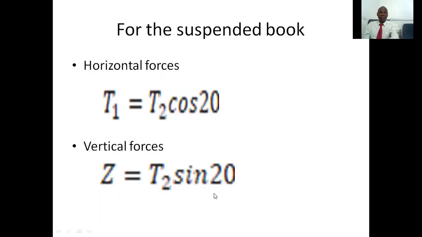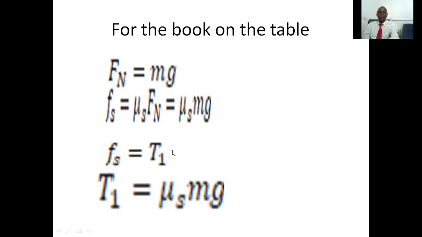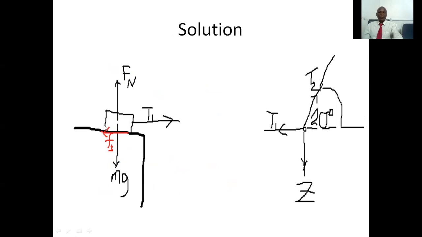And this is actually the concept. From here, all we are doing now is the mathematical manipulation of the forces in order to get the value of Z. Otherwise, the most important concept here is identifying the horizontal forces and the vertical forces, as well as, for this other part, system 1, identifying the horizontal forces as well as the vertical forces.